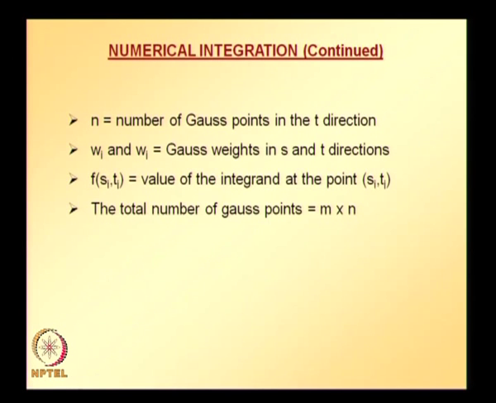There are m Gauss points in the s direction, n Gauss points in the t direction, so the total number of Gauss points is going to be m times n, and the locations of Gauss points in each direction and corresponding weights are the same as those we already looked at for one dimensional Gaussian integration.